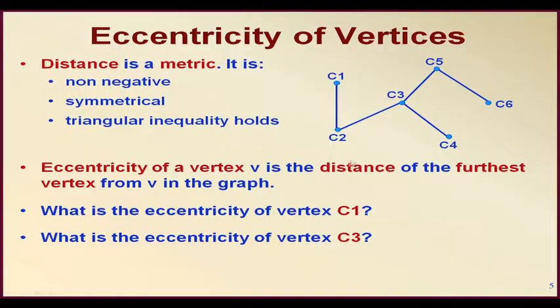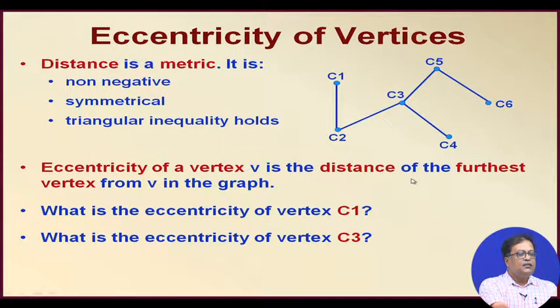Because if you can find out the eccentricity of vertices, the design of the graph can be made very simply and easily. We will see that a little later. So, the eccentricity of a vertex V is the distance of the farthest vertex from V. So, what is the eccentricity of C1 then in this tree? What is the farthest vertex?